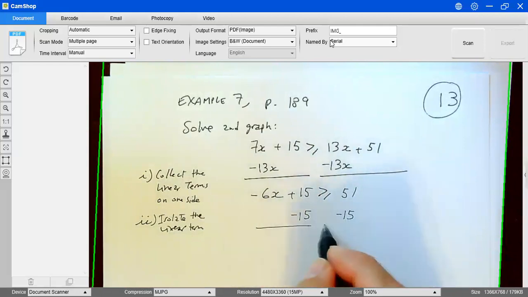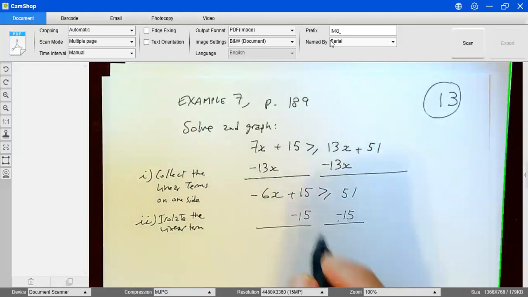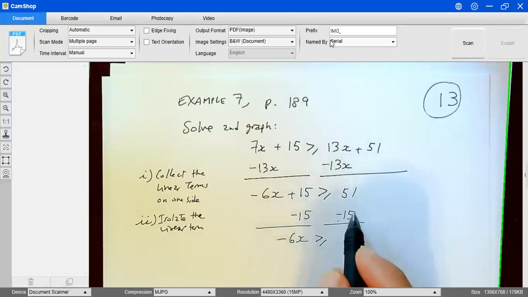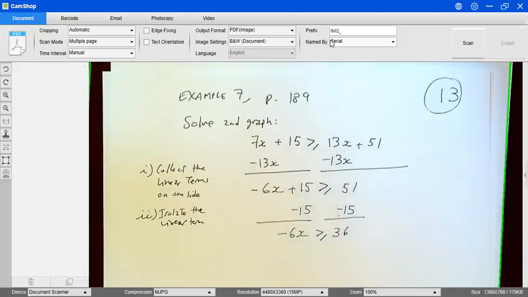And again, we are adding a negative number, so no need to change the direction of the inequality. So you just get -6x greater than or equal to, in this case, 51 minus 15, which is going to be 36.